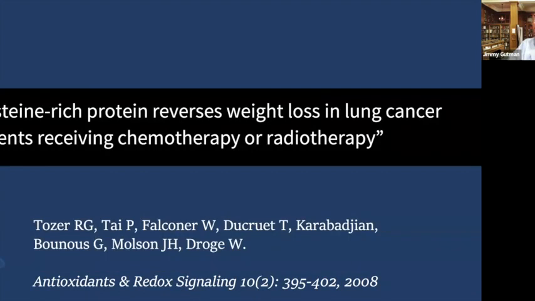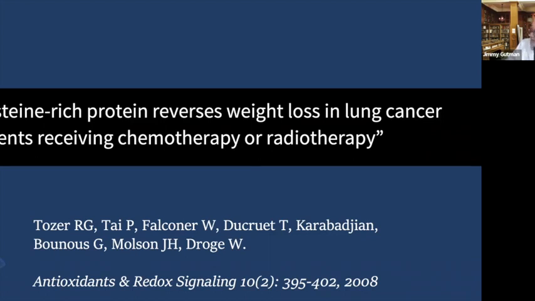You may recognize some of the authors here, Dr. Bunos, Dr. Droge, and more. But let's just focus on the title. Cysteine-rich protein, in this case Immunotec, reverses, please take note of this word, reverses weight loss in patients receiving chemotherapy and radiotherapy.